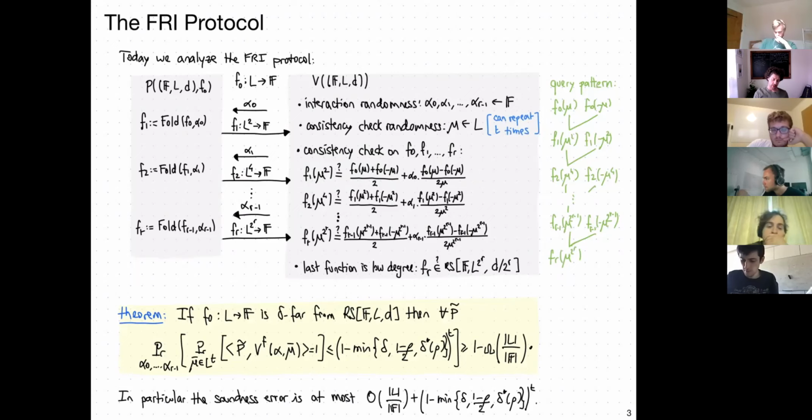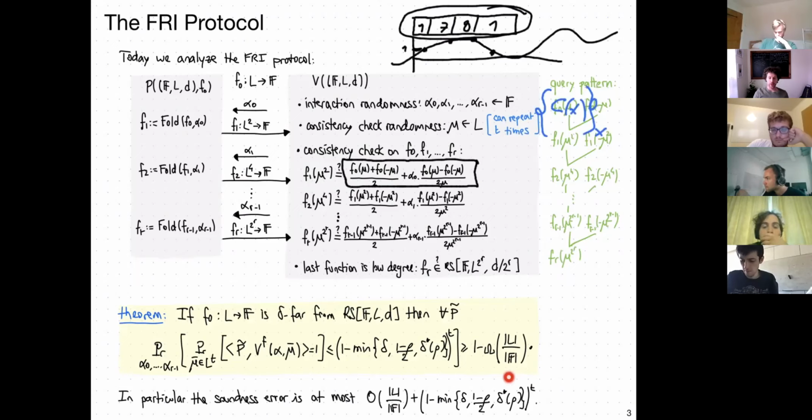The main corollary is that we get this soundness, which is roughly O of L over F. So if we choose the field to be large enough, we can make it as small as we'd like, and we are also bounded by some constants here. So it's again consistent with what we saw with low degree testing.